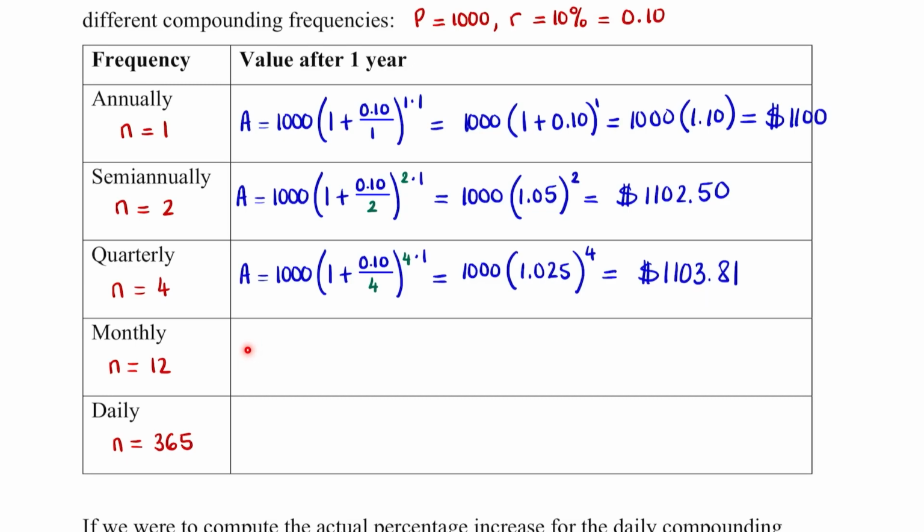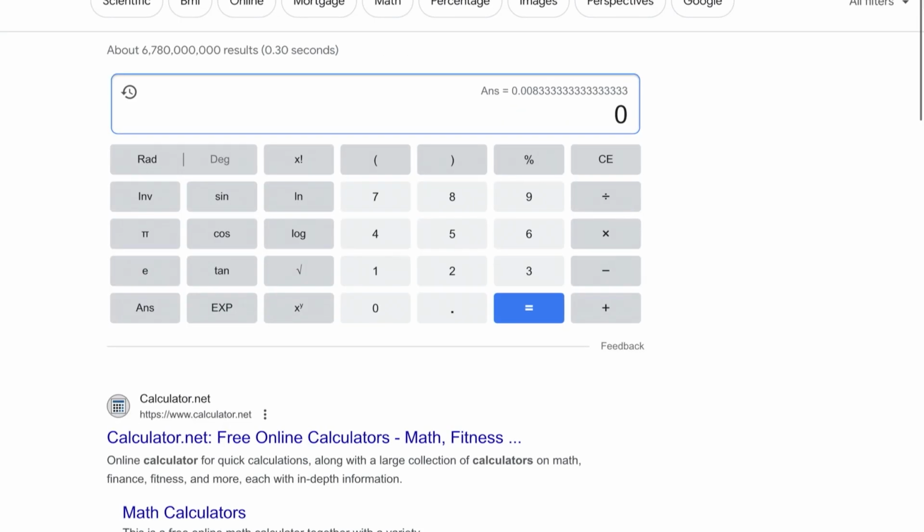Next, I'm going to calculate the amount of money that I have in the account after 1 year if I'm compounding 12 times a year. So everything else stays the same. I'll just replace my n with 12. I am going to put this whole thing in the calculator all at once. I have 1,000 times (1 plus 0.10 divided by 12), all raised to the 12.